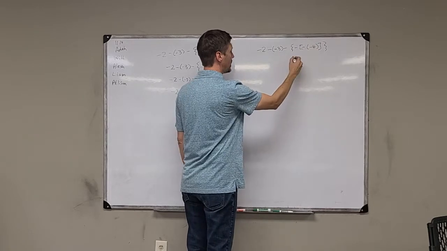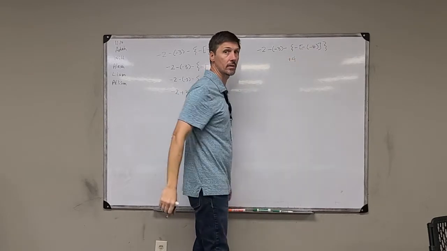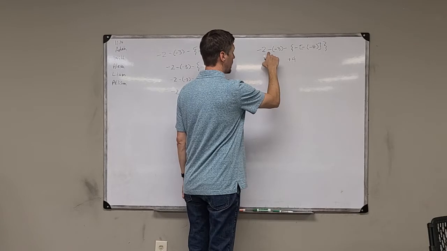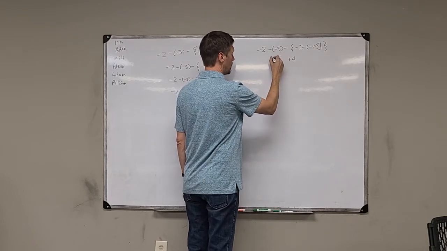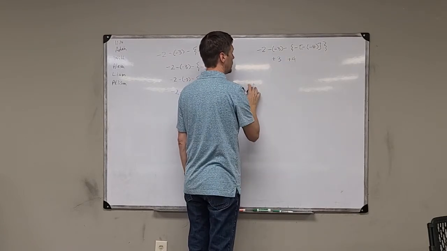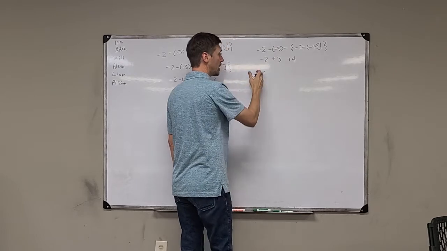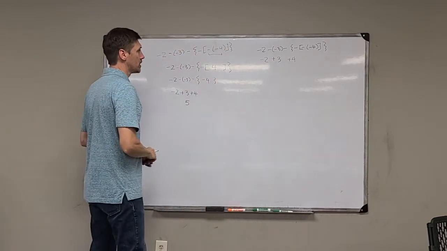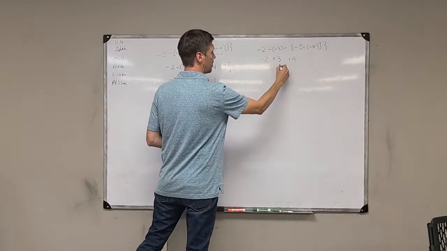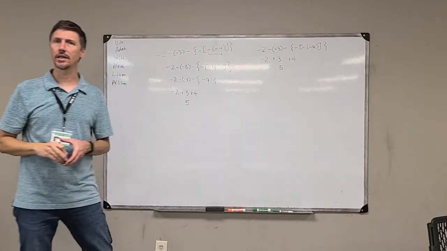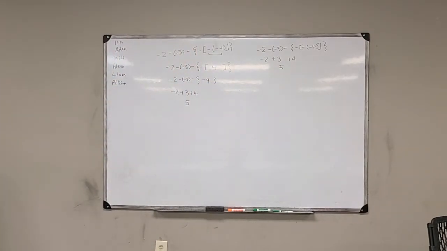So I know at the end of the day, this whole thing's just going to be a positive. And here, I've got a minus and a minus, so 2 of those, I know this is going to be a positive, and this remains a -2. So -2 plus 3 is +1 plus 4 is 5. So that's a shortcut route to get it if you want to go that way. Okay?